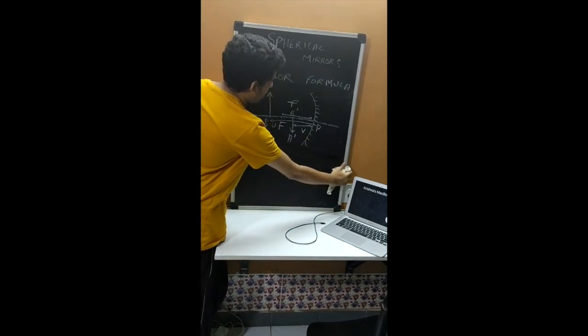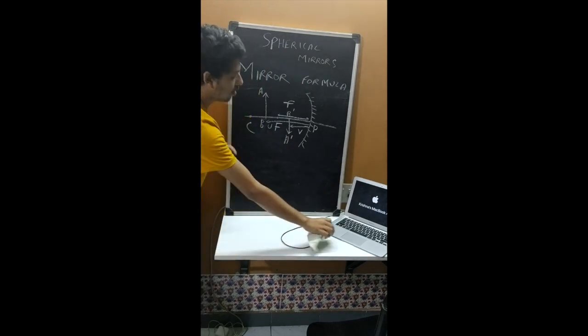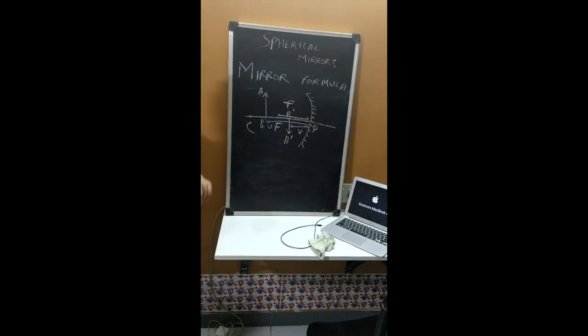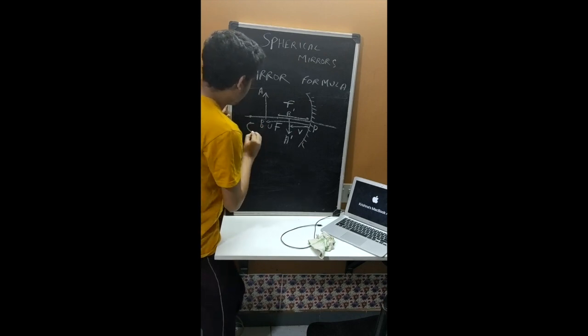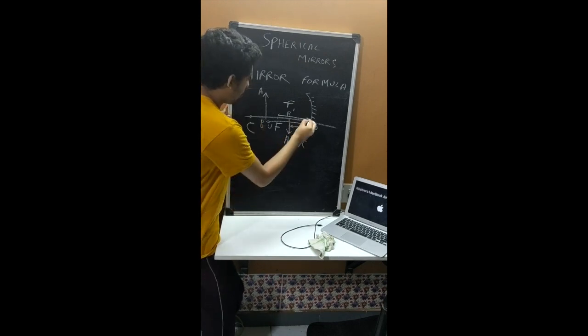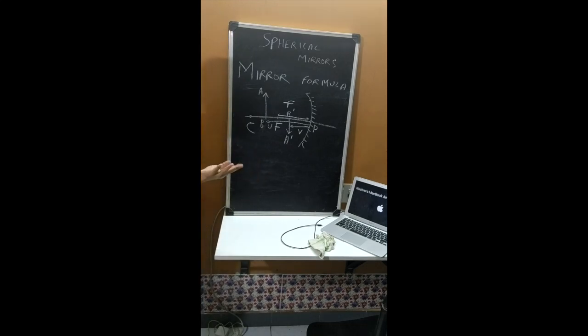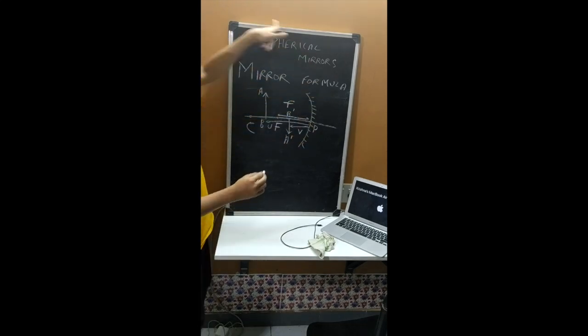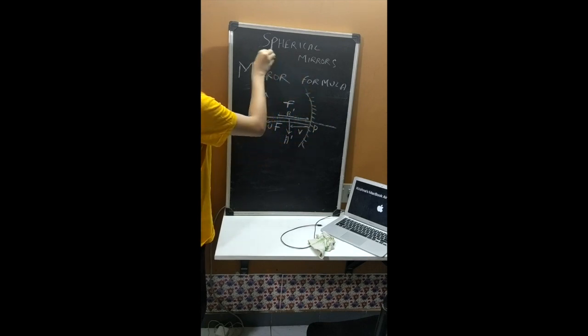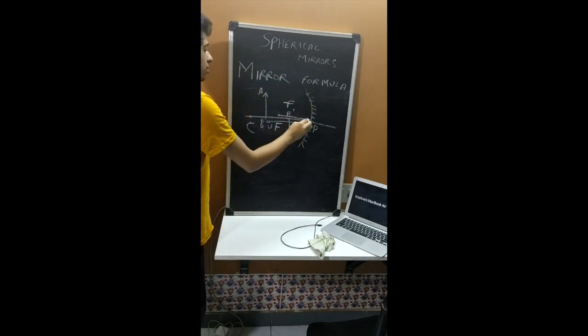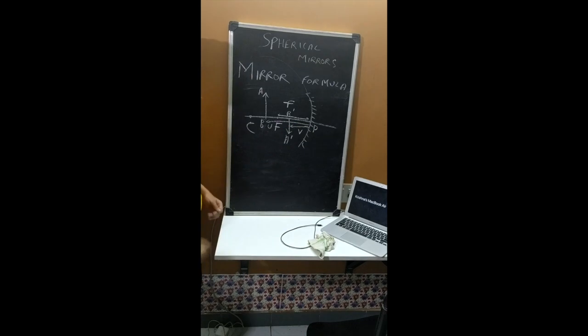Now, there is one important relation. This is C. The distance of this C from the pole is the radius of the circle, not a whole circle. If this is the center of the circle, this was a part of a bigger circle. So the distance of this from the pole is called the radius of curvature.